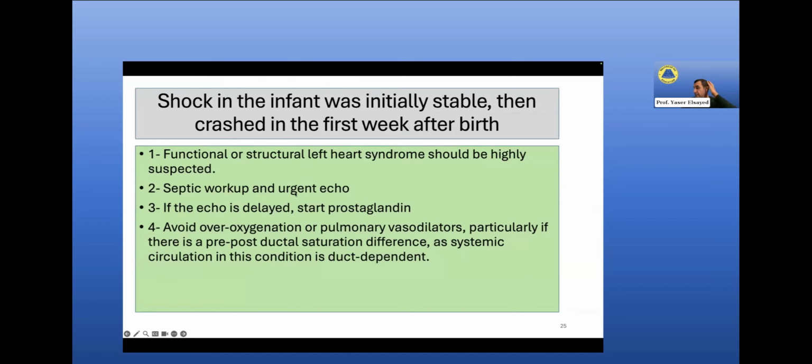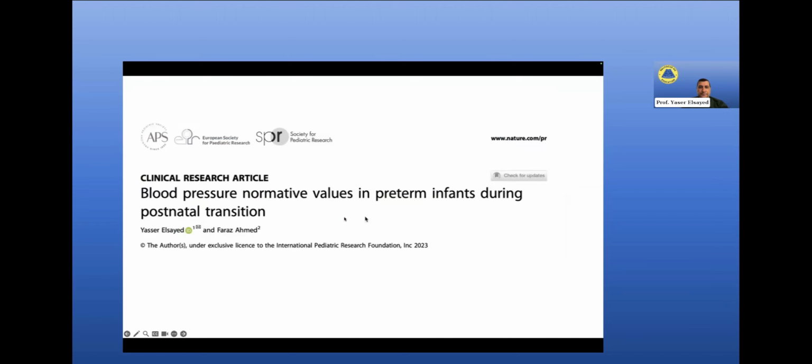And don't ever start nitric oxide assuming this is PPHN because of pre and post ductal saturation difference. In this case, usually it is either shock with low systemic blood flow dependent on duct, or it could be coarctation or any ductal dependent lesion, and prostaglandin might be life-saving in this condition.